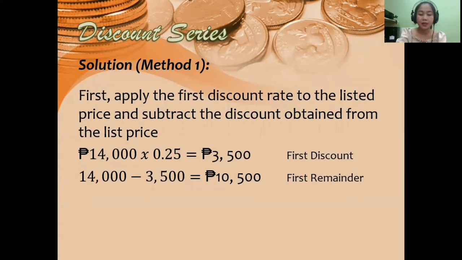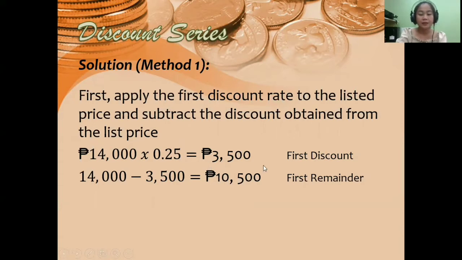Our first rate is 25%, and 25% in decimal is 0.25 or 25 hundredths. Multiplying this decimal to our base, our original price of 14,000, the result is 3,500. So our first discount on our refrigerator is 3,500.